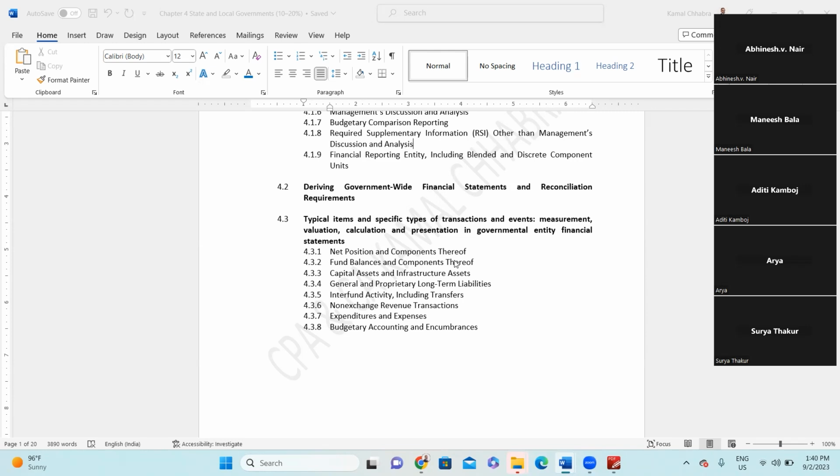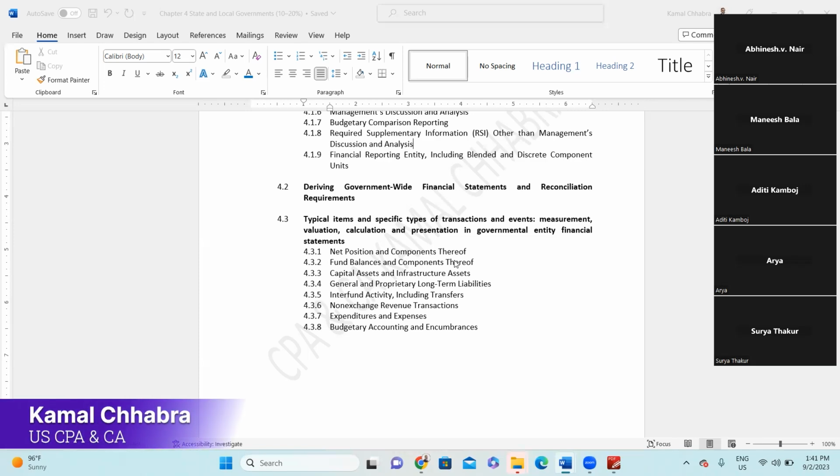Right. Most of the time I've seen students get confused between the fund financial statement and the government-wide financial statement. The government-wide financial statement is holistic, at the government level. The fund financial statement is for the respective fund, right? The government-wide financial statement always has a distribution of funds to the respective funds, and the consolidation of the respective funds should tie to the government-wide financial statement.